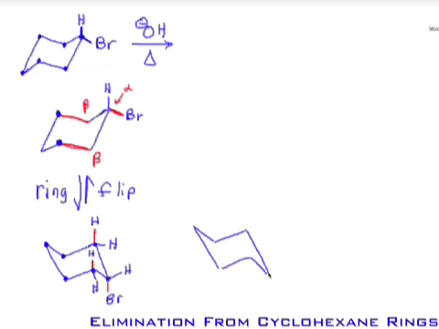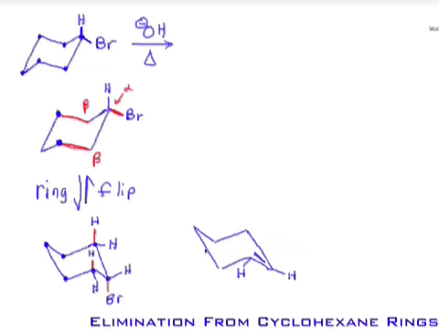Double bond forms between these carbons. There. And you end up with an H off here, and an H off here.